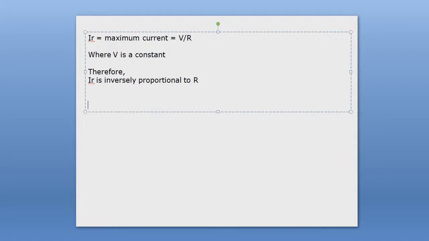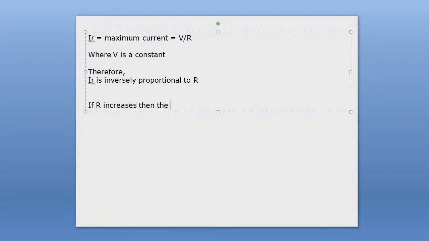If the value of R increases, then I_R will decrease, and we will get a flat curve.